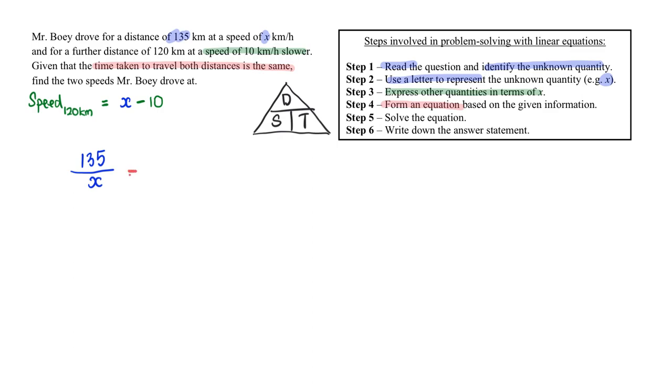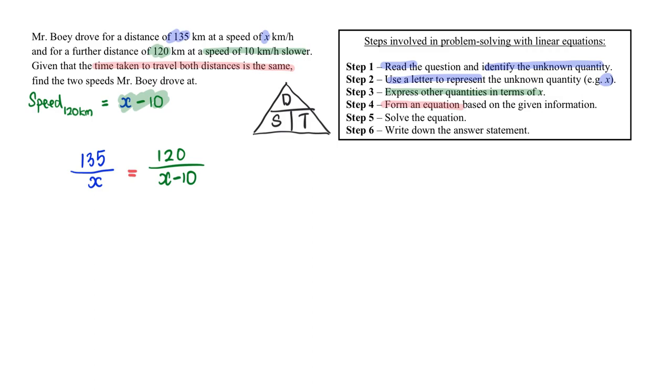And this is equal to the time taken for the distance of 120 kilometers and the speed, so you will see me do distance divided by the speed to get the time taken. They are equal.